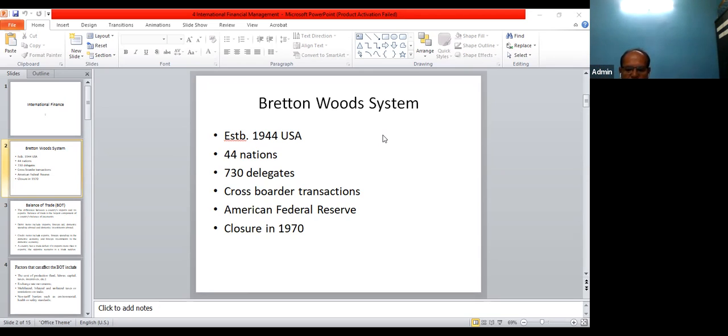Any idea? If not, I will tell you. 28 grams equals 1 ounce. Like in India, we call it a tola, one tola. In India, 1 tola means how many grams? Any idea?